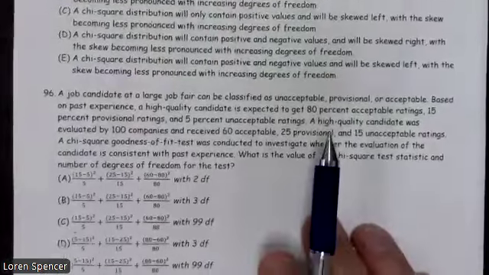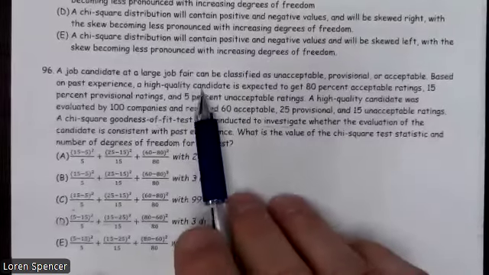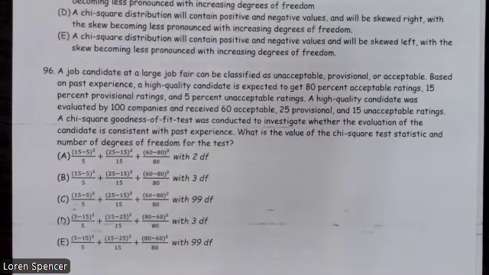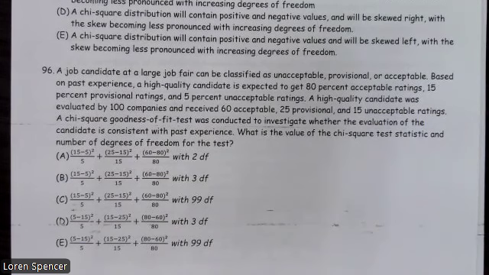Number 96, a job candidate at a large job fair can be classified as unacceptable, provisional, or acceptable based on past experience. A high quality candidate is expected to get 80% acceptable ratings, 15% provisional, and 5% unacceptable.